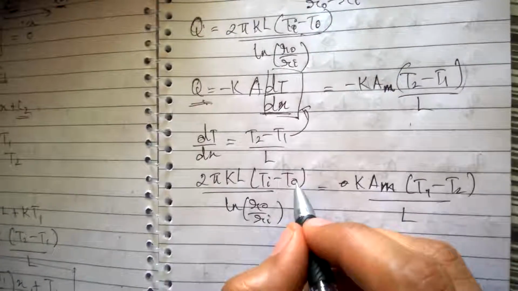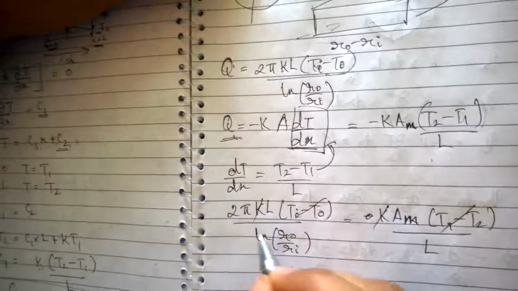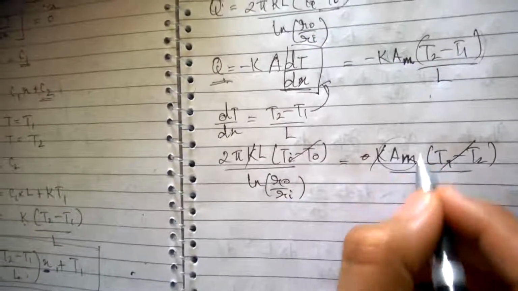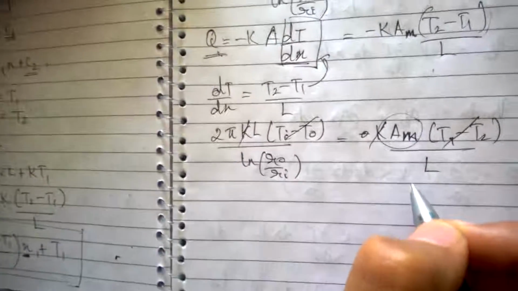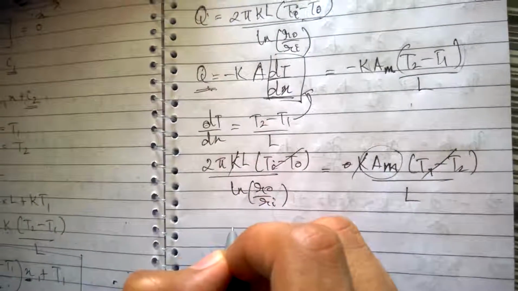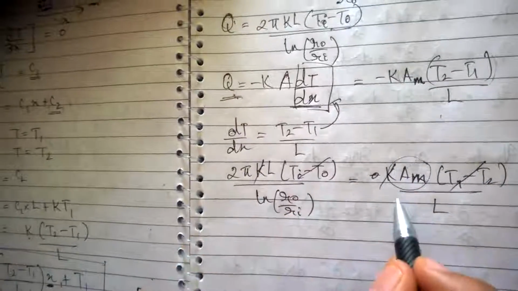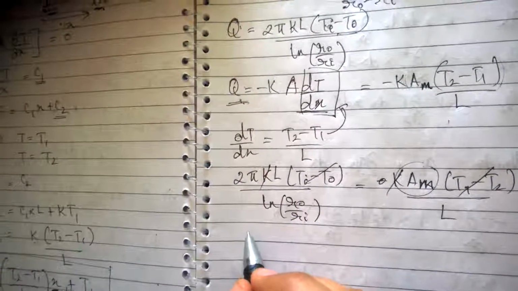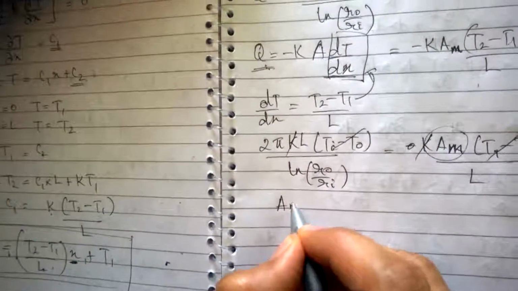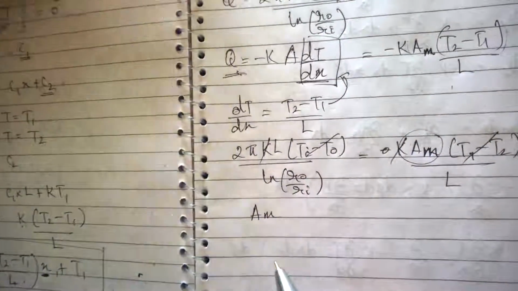So T1 minus T2 and Ti minus T naught get cancelled, the K gets cancelled, and we want the value of A mean. So essentially equating these two parts would give you the value of A mean, right? You can get the value of A mean from this part. So this is about the logarithmic mean.